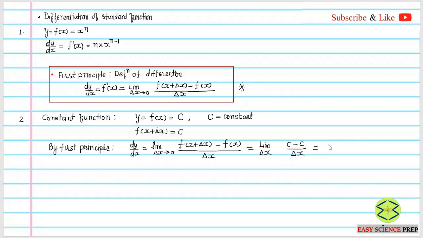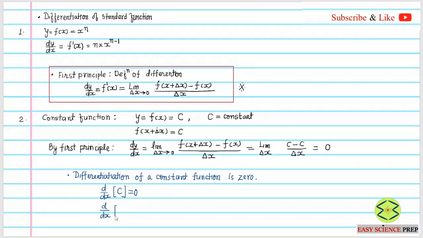So the value will turn out to be 0, so we can say that the differentiation of a constant function is 0. That means dy by dx of a constant c is 0. dy by dx of some constant m is also 0.